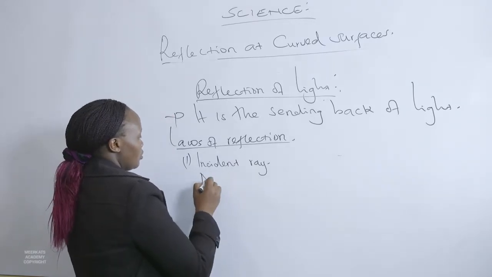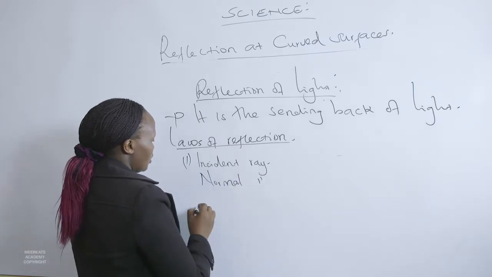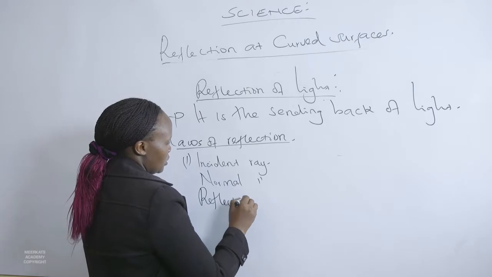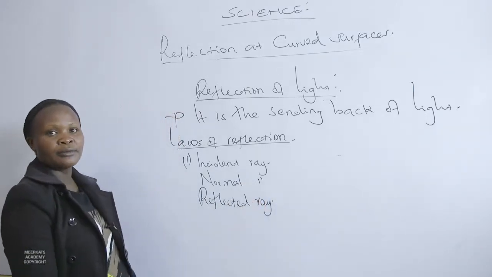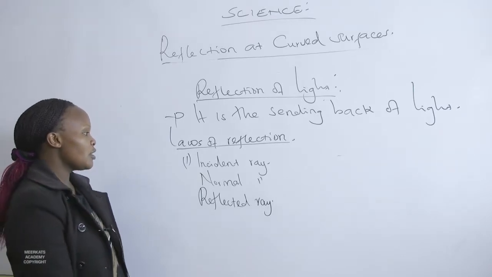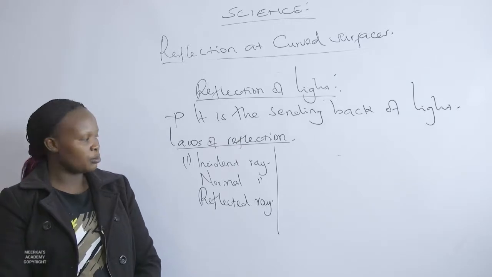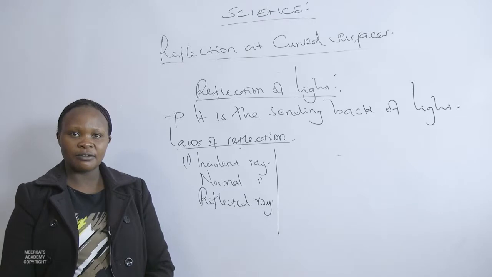We have the normal ray, and we have the reflected ray as well. Now, these three are the most important that we put into consideration when we are discussing reflection.